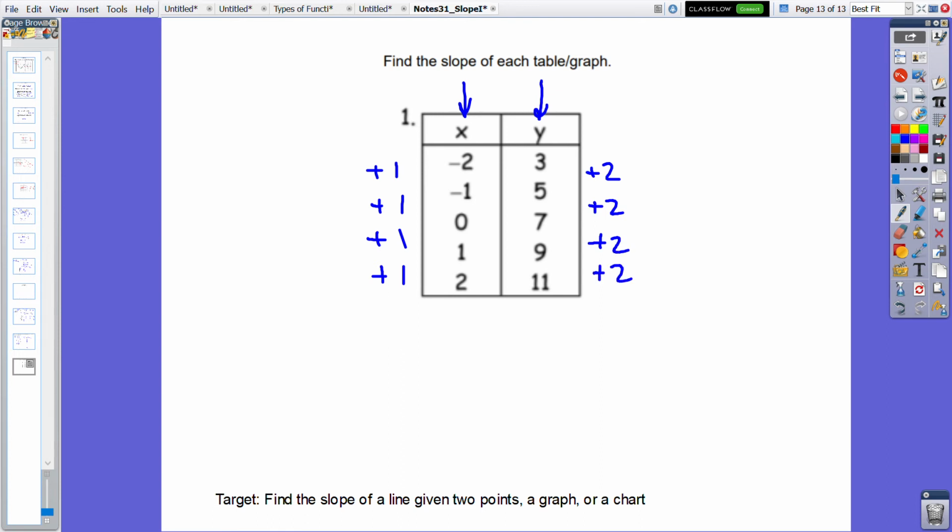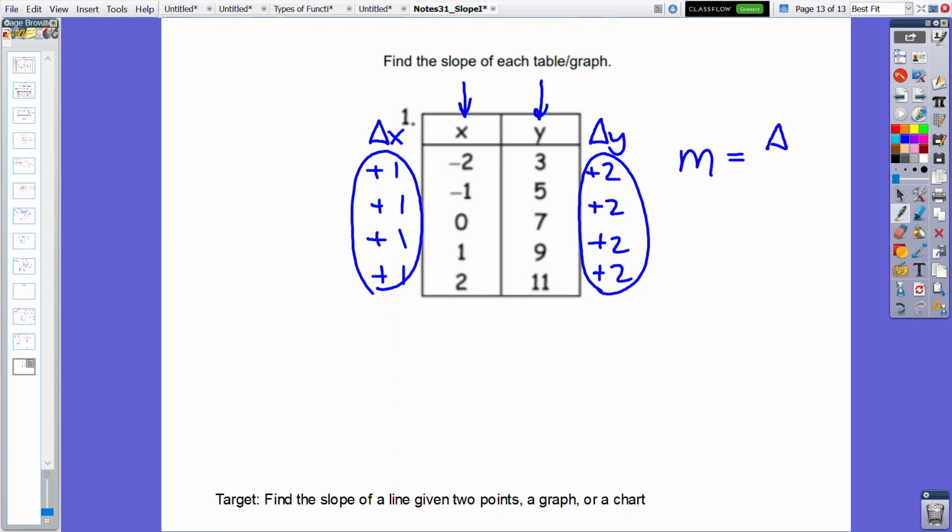We can think of that common difference as change in x for the x column and change in y for the y column. That means that as long as every time I change y and change x the same way, my slope for this line that's graphed here will be +2 over +1, or if we simplify that, just +2.